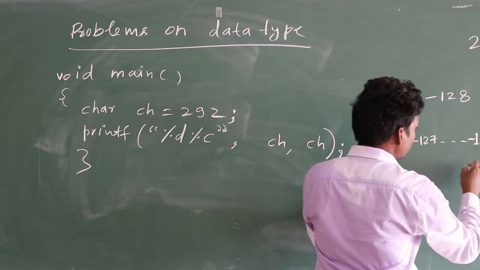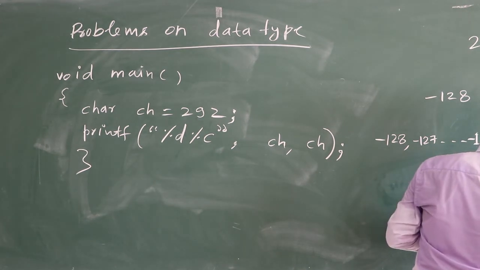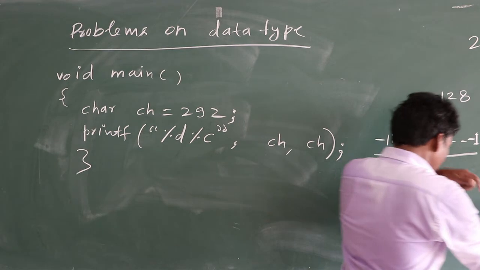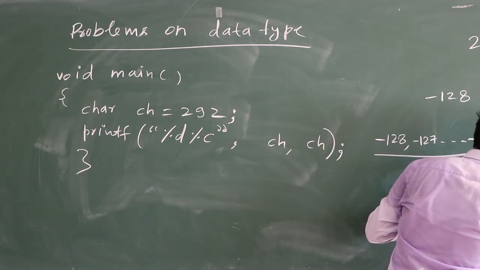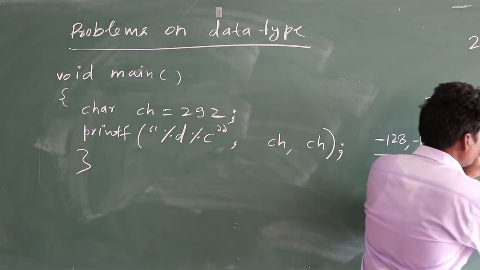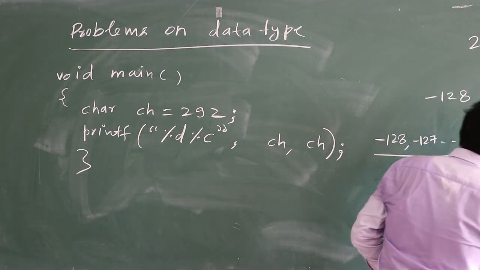In one cycle the value goes from +1 to 127, that is 127, and -1 to -128, that is 128 total values, plus 1 for 0, so the total number is 256.